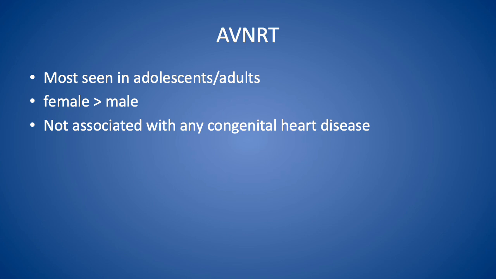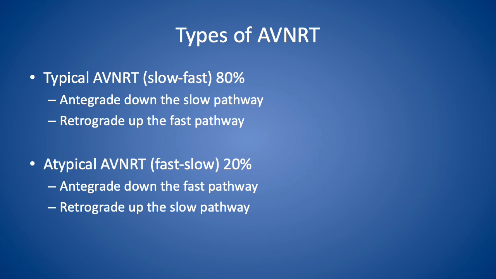AV-NRT, or AV nodal reentrant tachycardia, is typically more seen in the adolescent or adult population. There are more females than males in terms of its incidence, and it's not usually associated with any congenital heart disease. There are generally two types of AV-NRT.